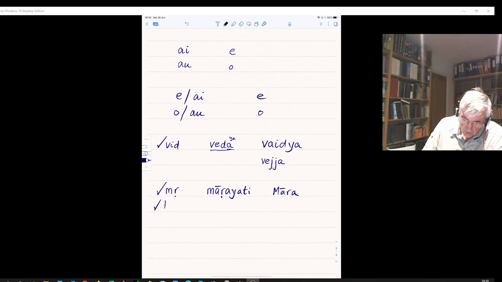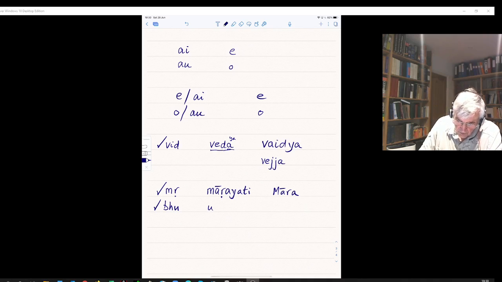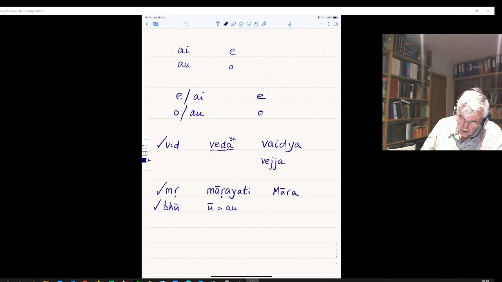From the root bhu, to make a causative verb, so bhu to be, so to cause to be, is bhavayati. So bhu, vriddhi of u is au. Au followed by ayati becomes avayati.